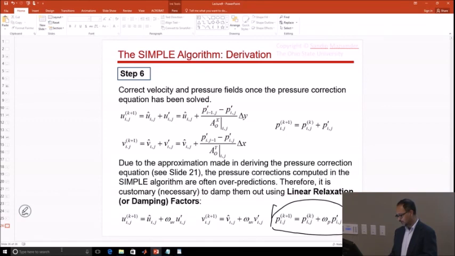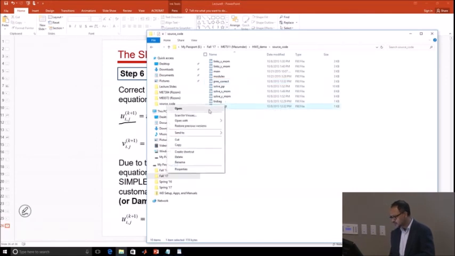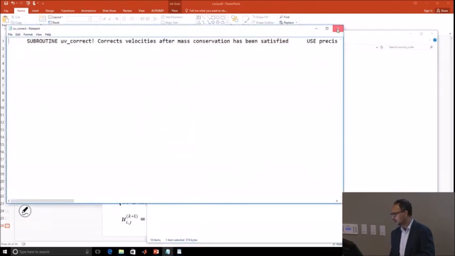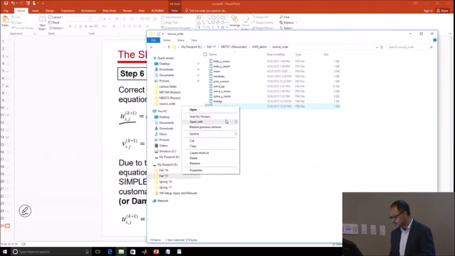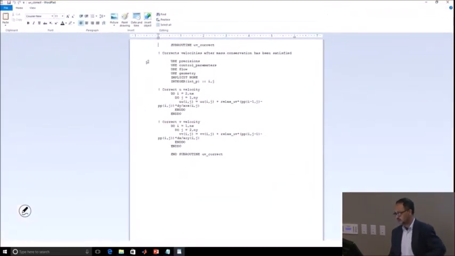And then velocity, same thing. You do these steps here, so that is equal to that. You need to use your pressure corrections, and that is what you will see here. If I look at UV correct, there should be something called that. Here it is. Sorry about the font.